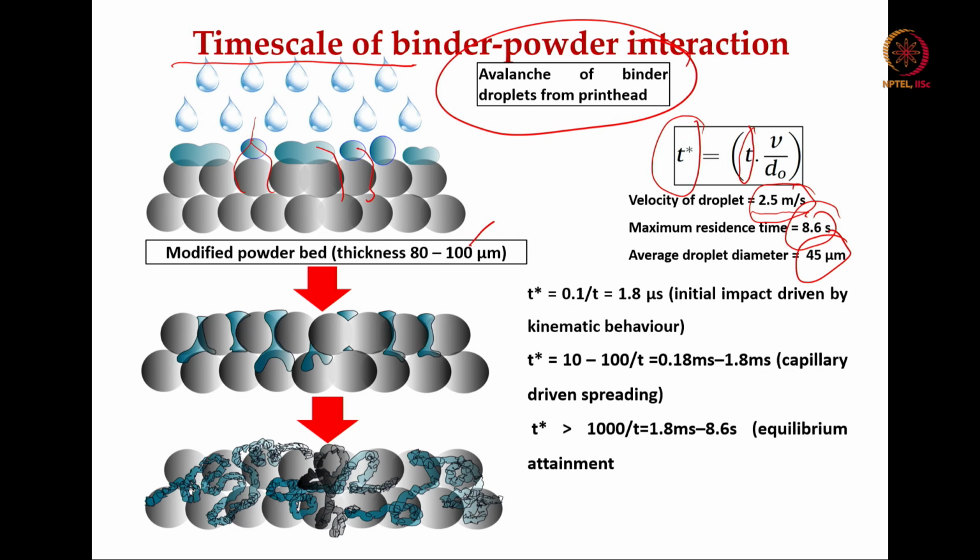So, what you see is the modified powder bed thickness based on our calculations, let us say 80 to 100 micron. And what you can now perceive is that when the binder infiltrates, this initiator, accelerator and monomer interact and trigger the in situ polymerization reactions which form polymeric chains, and these polymeric chains will hold the powder materials rather strongly.